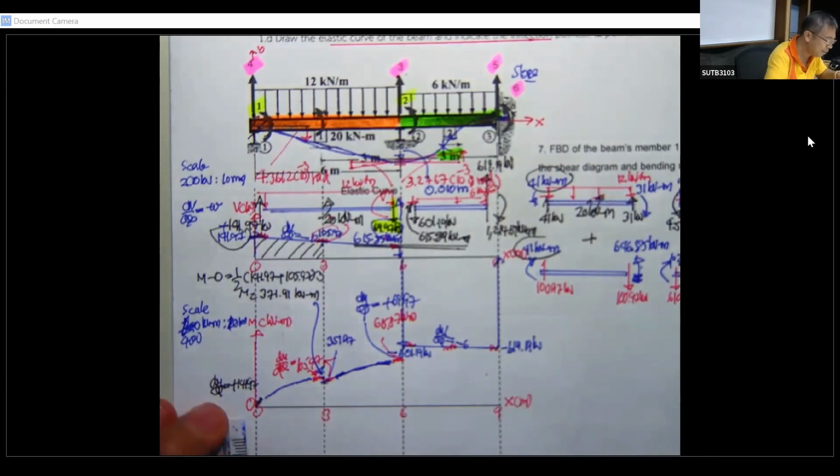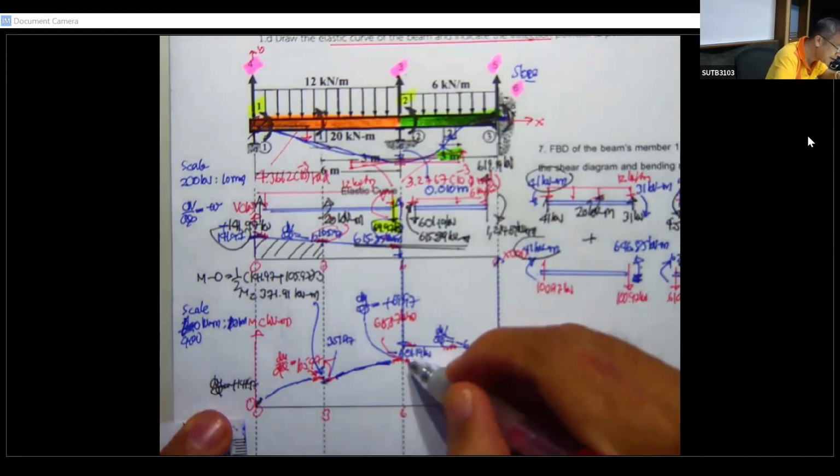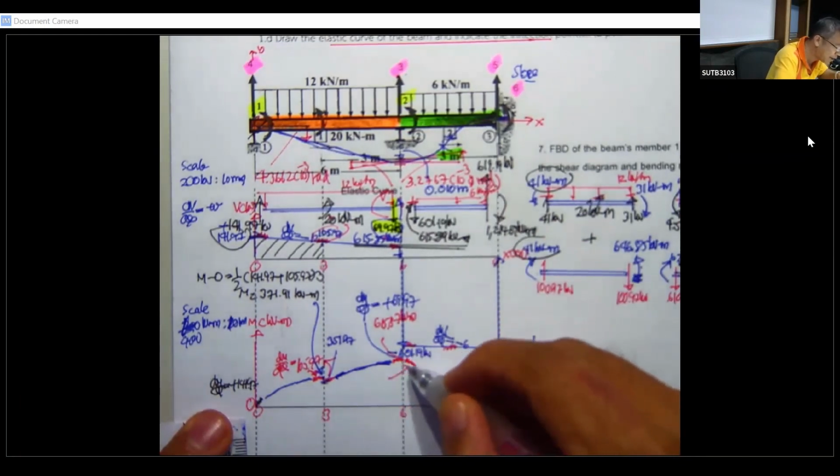And then coming to this, your shear change is going to be downward, very big downward over here.